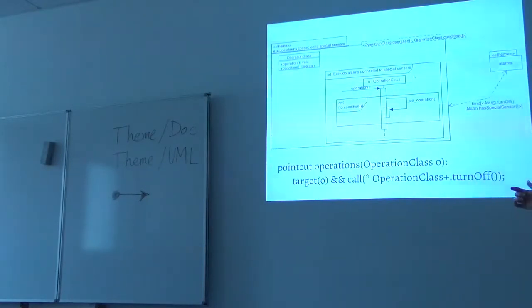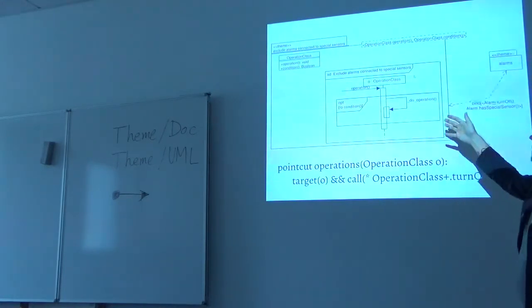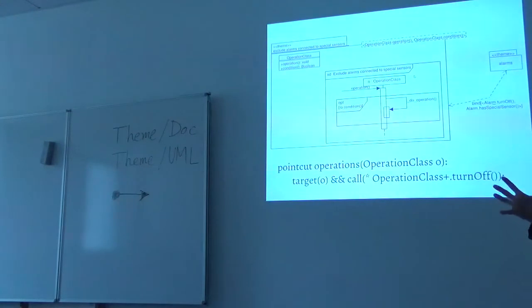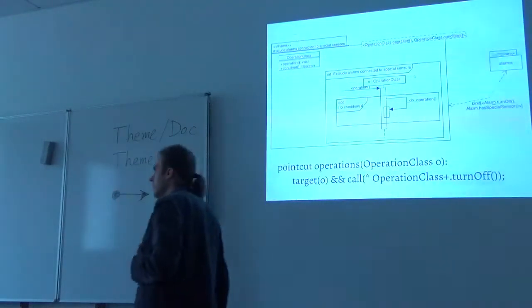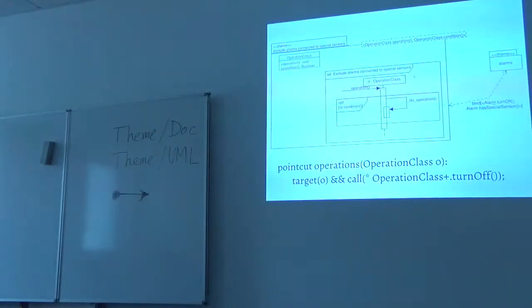So this is this operation class, and this is this turn off operation. We cannot specify this fully in these terms. We can use this operation class as an interface, but we cannot really have this generic name of the operation there. But roughly, this is what we would have in AspectJ.